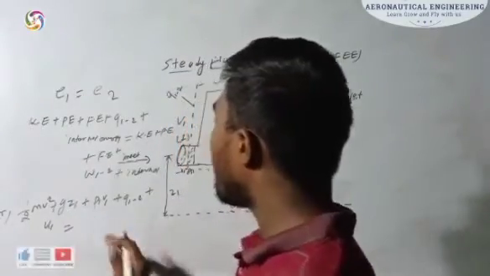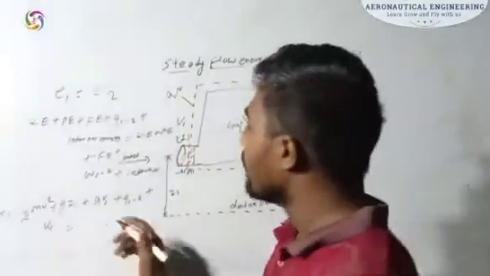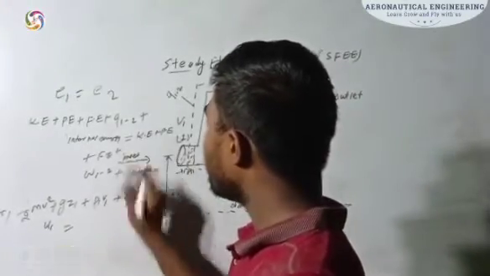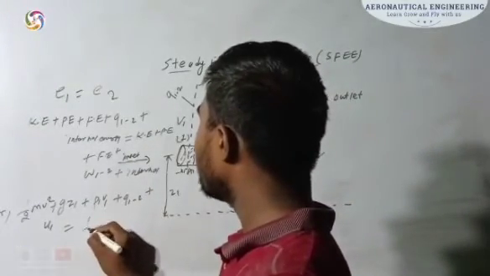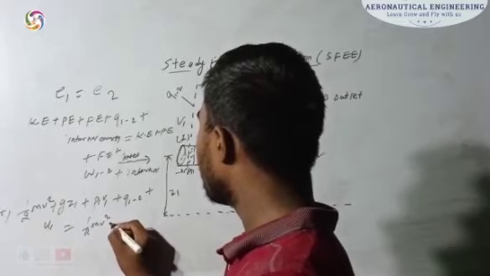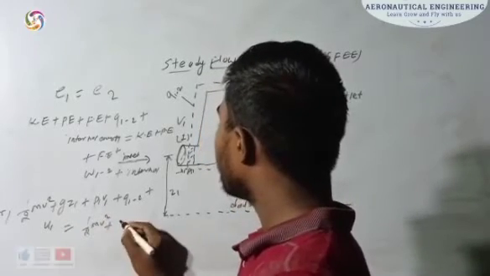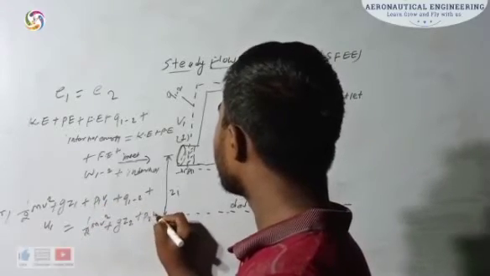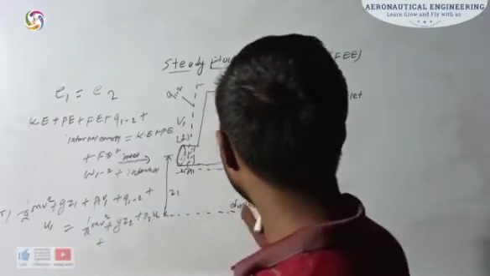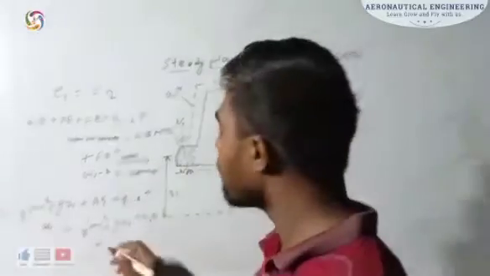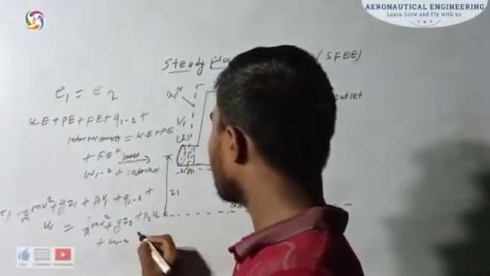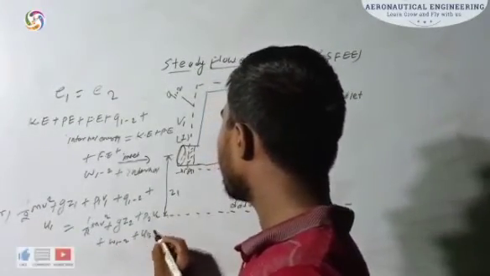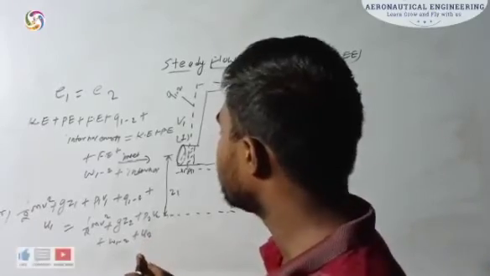Okay, at the outlet of the system, similarly, kinetic energy equals half m v2 square plus potential energy m g z2 plus flow energy p2 v2 plus work between the inlet and outlet of the system W12 plus internal energy of the outlet of the system.